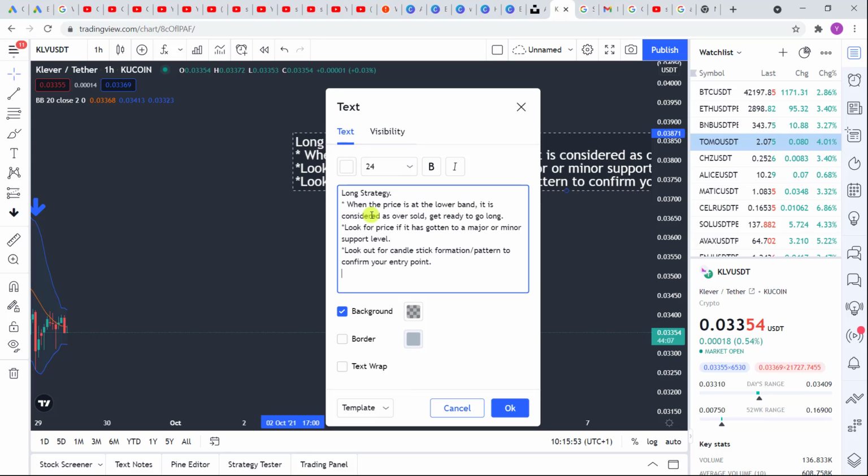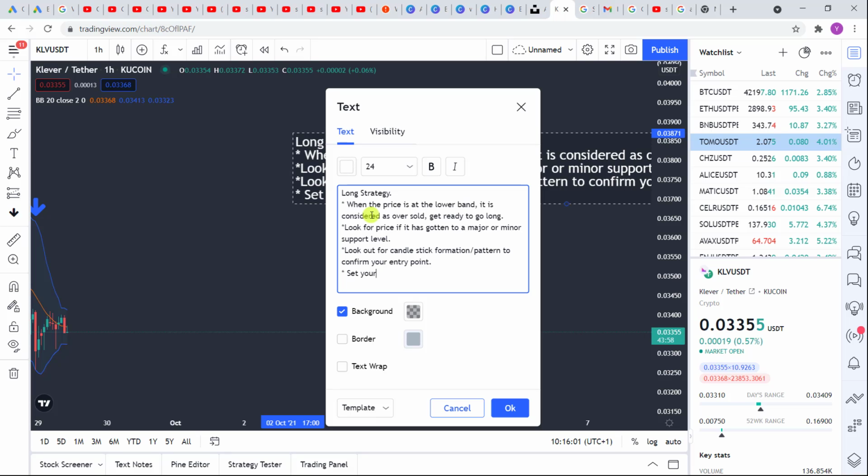And the last is to set your stop loss. So this is the long strategy now.